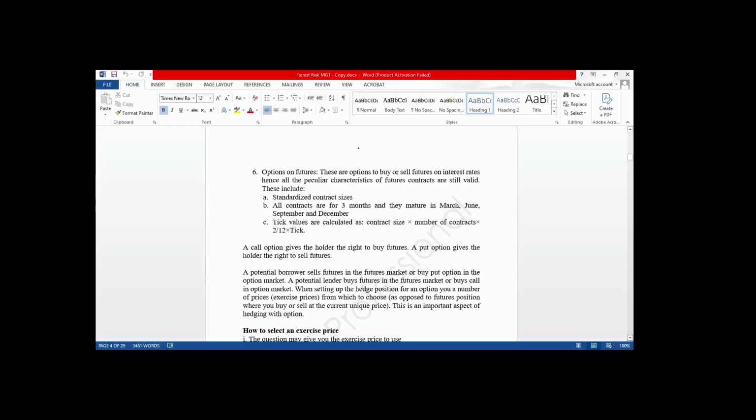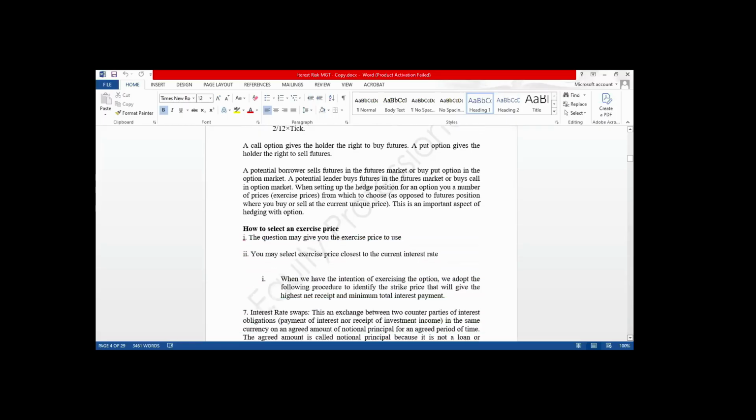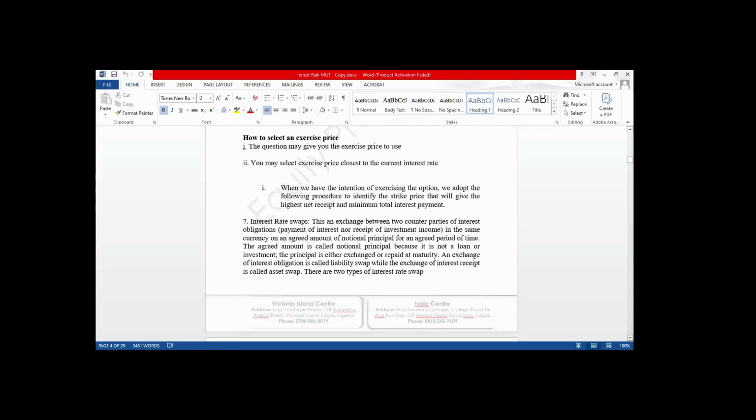A potential borrower sells futures in the futures market or buys put options in the option market. A potential lender buys futures in the futures market or buys call options in the option market. We explained this and the steps. We rounded up the class with interest rate swap.